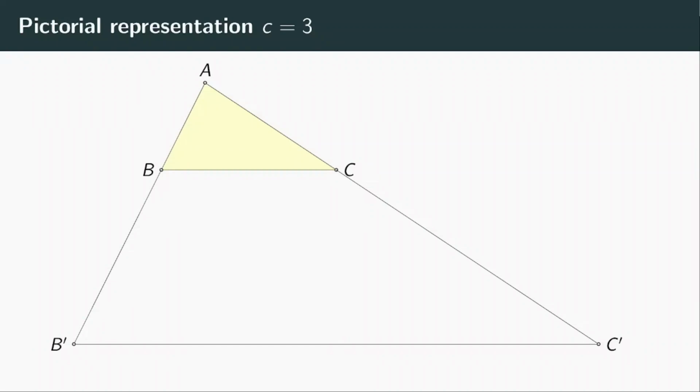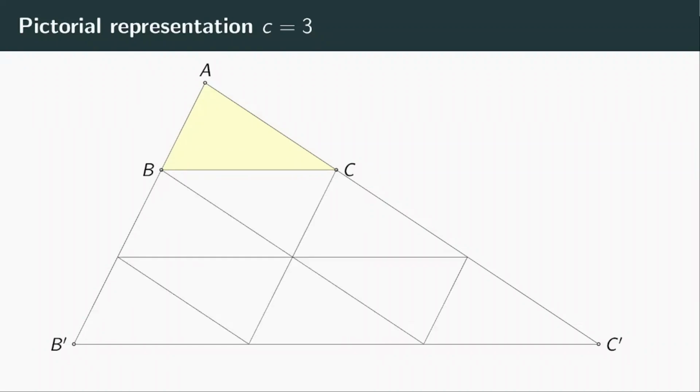And in this picture we totally understand: the area scales by a factor of 3 squared, so in other words 9, but we can see it geometrically just by decomposing our big triangle into 9 little triangles, each of which is congruent to our original ABC.